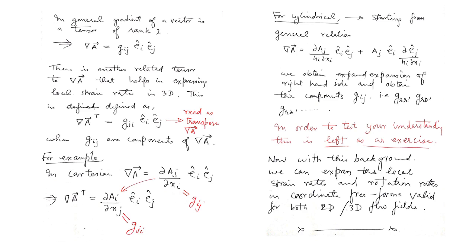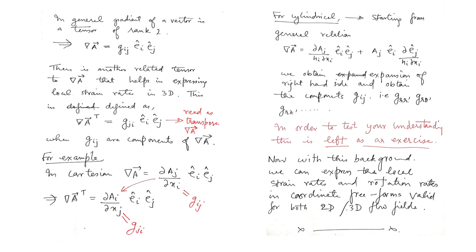So for cylindrical coordinate systems, to conclude, I can just give you a hint that starting from the general expression, the general relation for gradient of vector a, which is this, we can obtain the expansion of the right hand side for the cylindrical coordinate system.